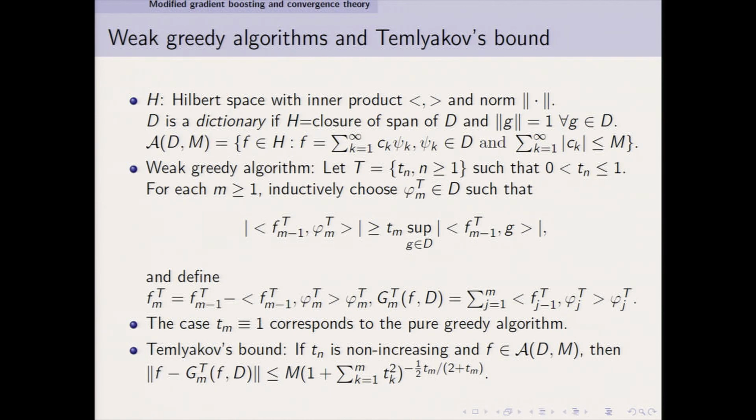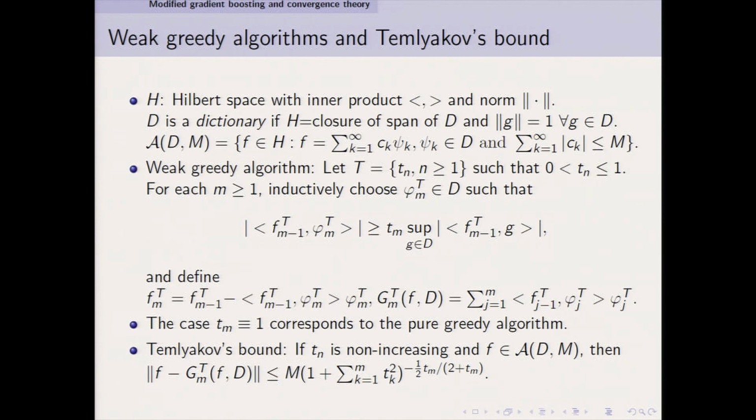So here you have H, a Hilbert space, with an inner product, and then D is a dictionary. It's called a dictionary if H is the closure of the span of D, and also every element of D has norm 1.